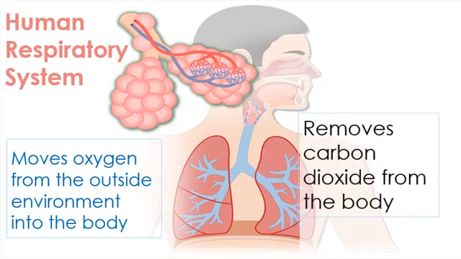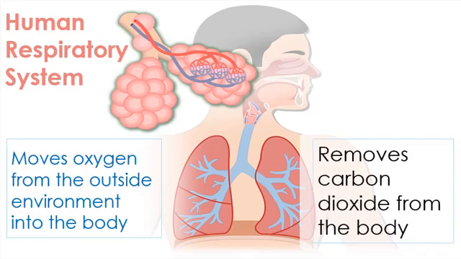It also removes carbon dioxide from the body. Again, let's read. Removes carbon dioxide from the body. So this system helps cleanse waste gases such as carbon dioxide from your blood.